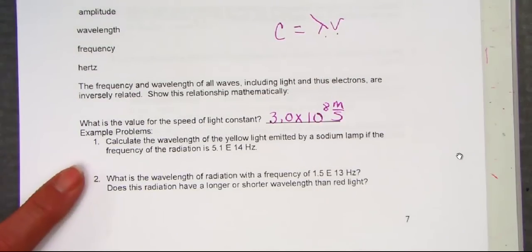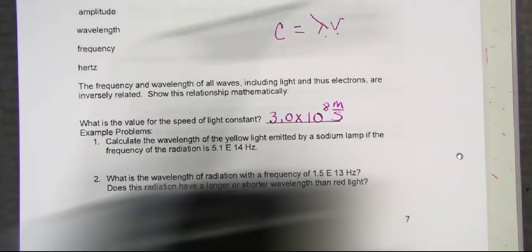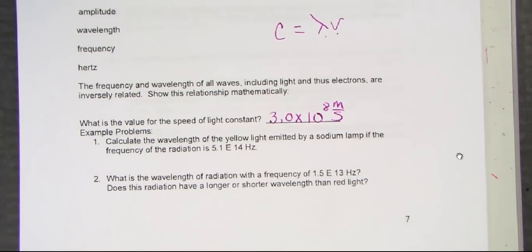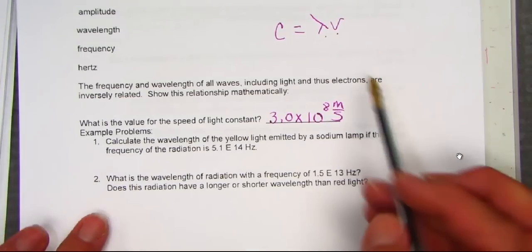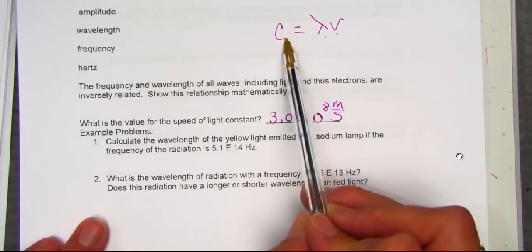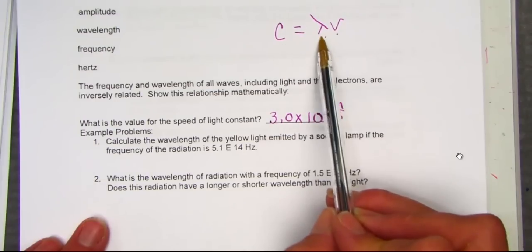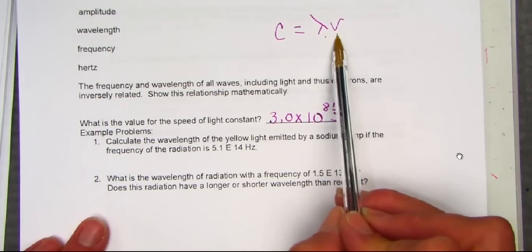Read with me our first example and have your calculator nearby as we get ready to solve our first problem. We're asked to calculate the wavelength of yellow light emitted by a sodium lamp if the frequency of the radiation is 5.1 times 10 to the 14th hertz. Our relationship, the speed of light constant, is equal to wavelength times frequency.